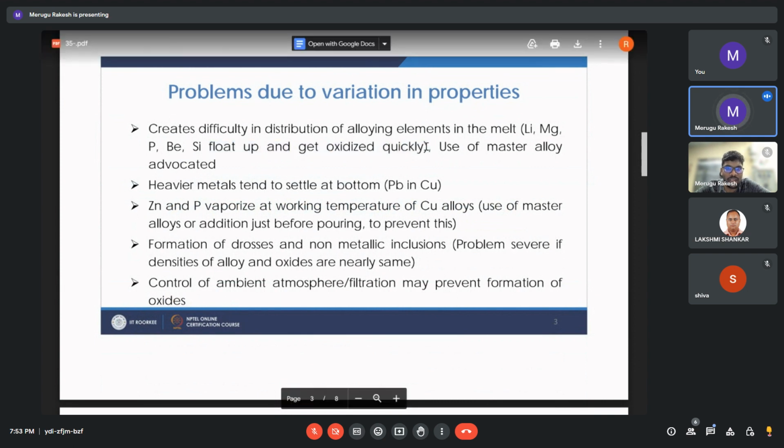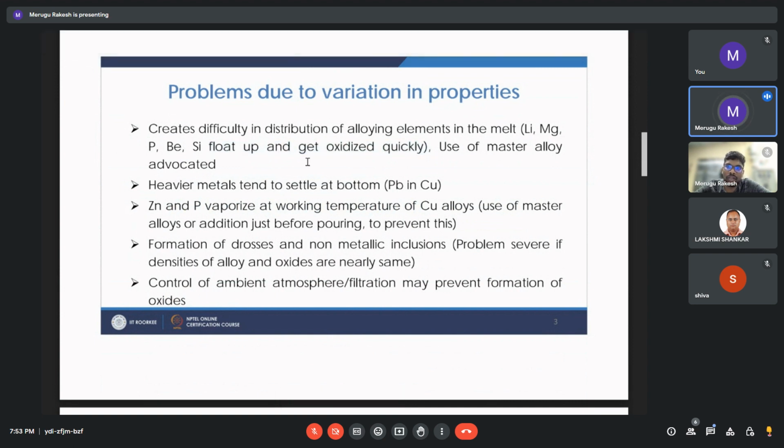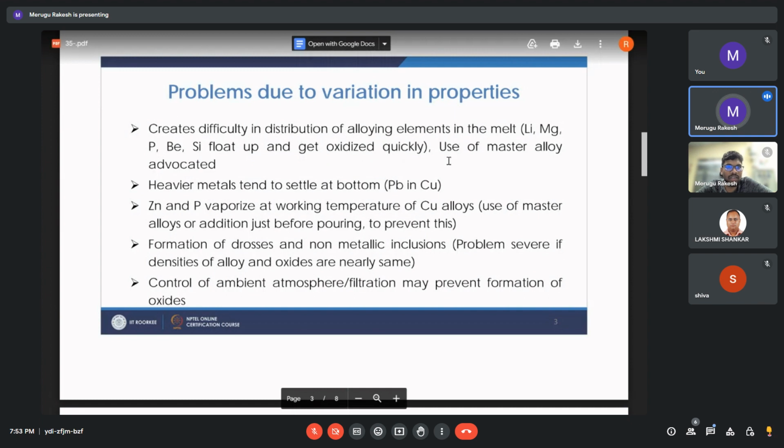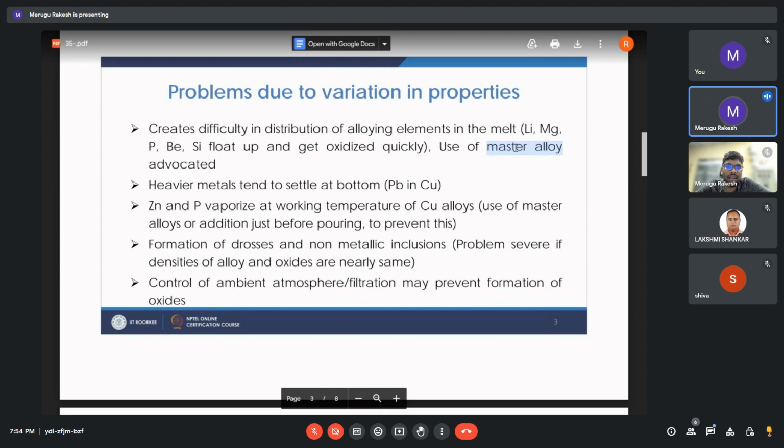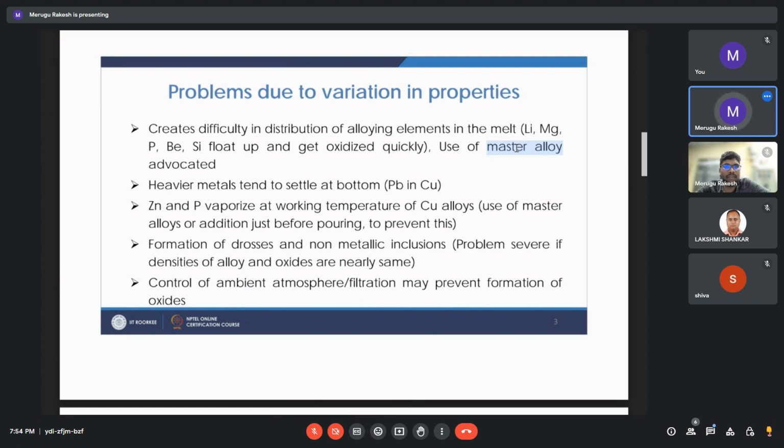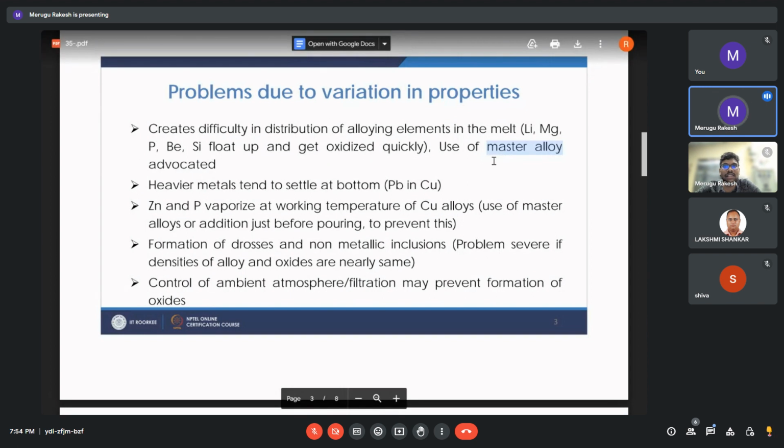The problem with oxidization is that when they solidify, the lithium or magnesium particle has an oxide layer on the surface which is brittle, so the properties get lost. That is why we go for the master alloy. We completely melt the metal we are using, for example aluminum, and while pouring into the mold itself we add the lithium, magnesium and so on. That is the master alloy process.